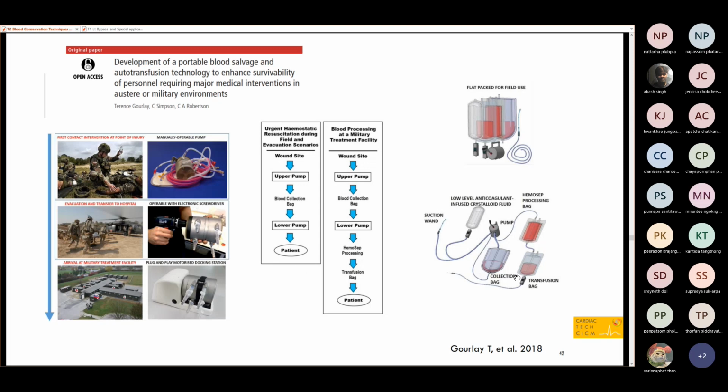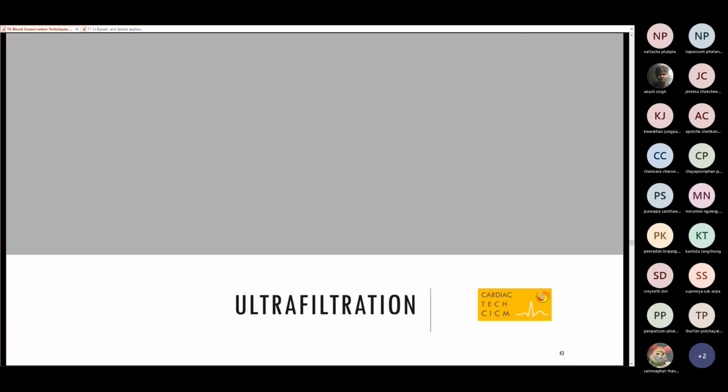So it's gonna separate the cell part and fluid part, and prepare that for washing in the next process. So it's just for example. Right.